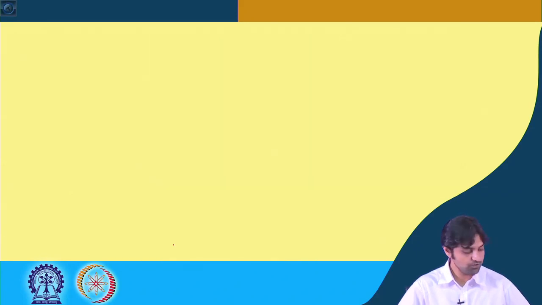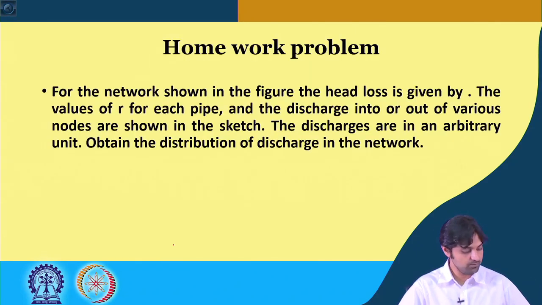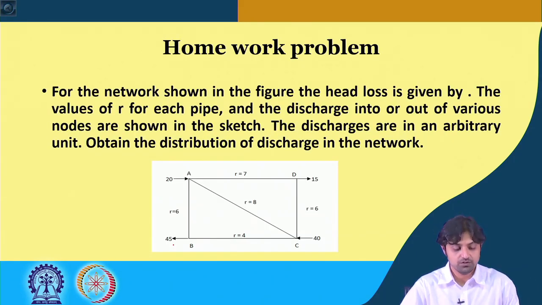Okay, so before we end, there is a homework problem. There is the network shown in this figure and the head loss is given by, I mean the head loss you know is like RQ square.